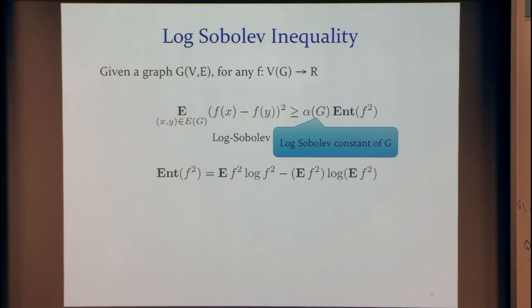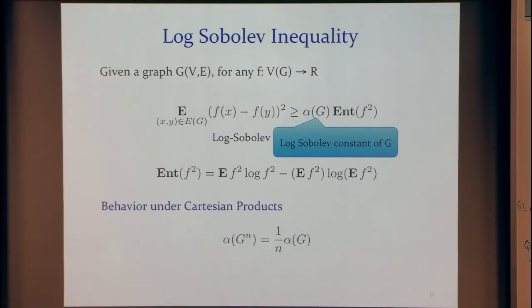All of us essentially have seen hypercontractivity. The log Sobolev inequality is in fact a differential form of hypercontractivity, and there are reductions either way. The log Sobolev inequality implies a hypercontractive inequality for the operator e to the minus L, and the other way around.